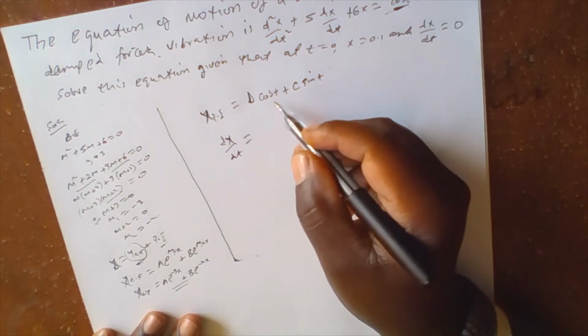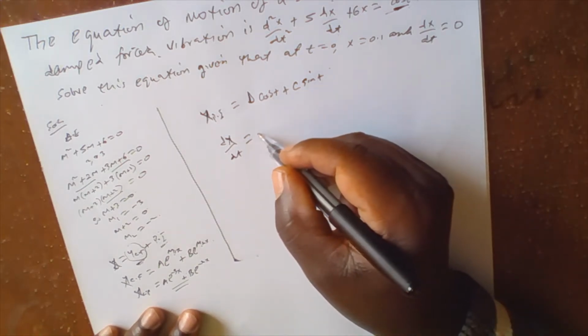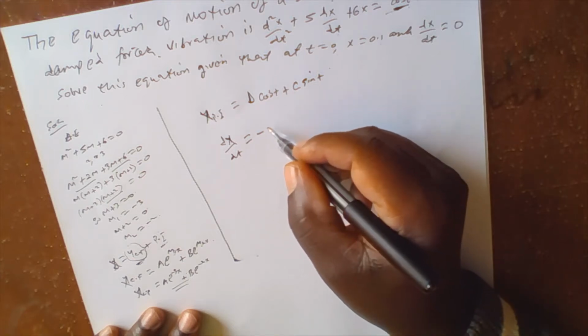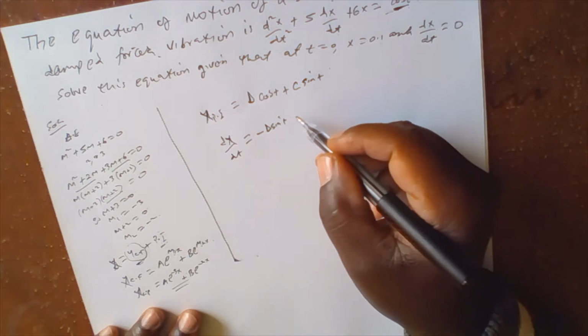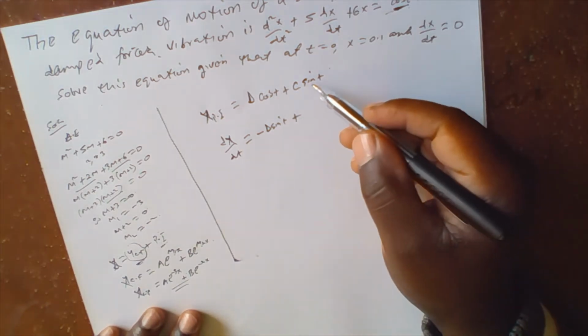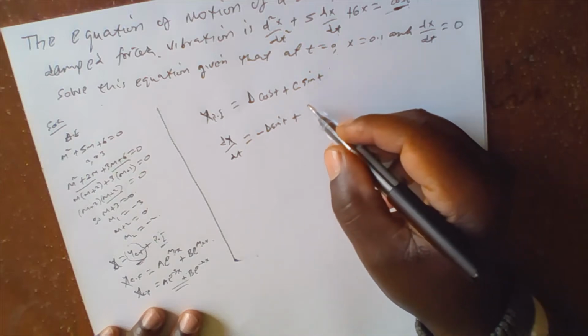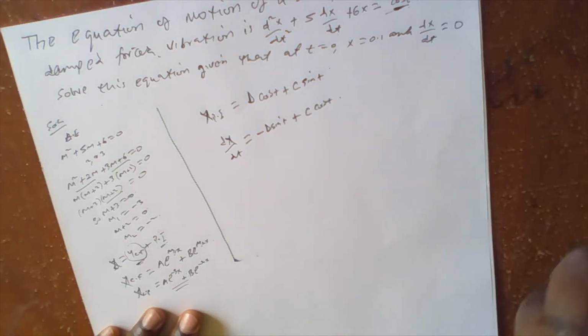So dx/dt will be equal to, when you differentiate cos t, we get -d sin t, plus, when you differentiate sine, you get cos, so plus c cos t.